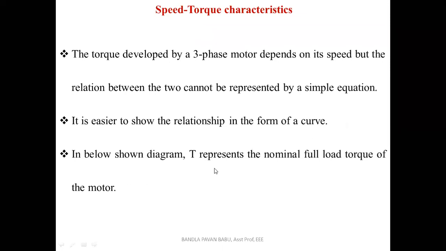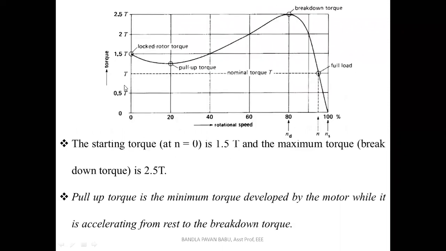And in the coming diagram, you can see that T represents the nominal full load torque of the motor. So here you can see the diagram. The x-axis represents the rotational speed in RPM, and the y-axis represents the torque in Newton meters.